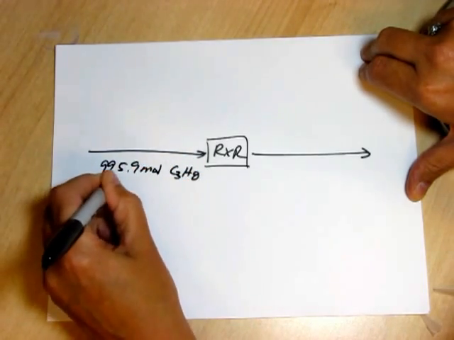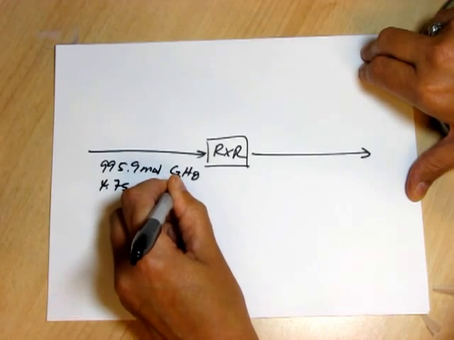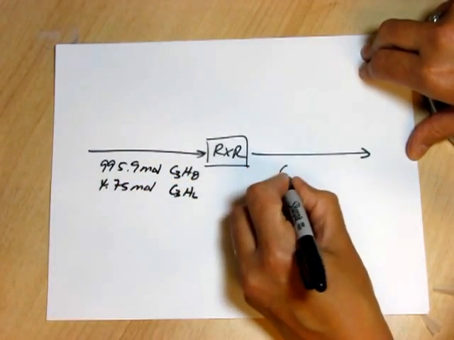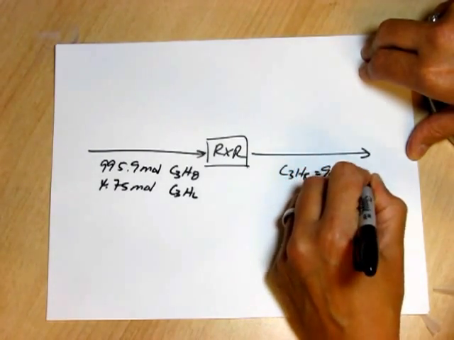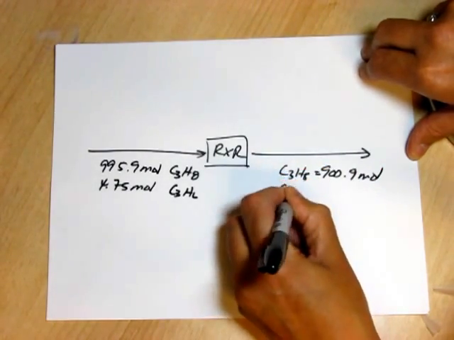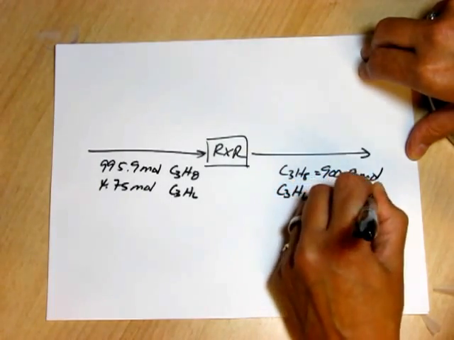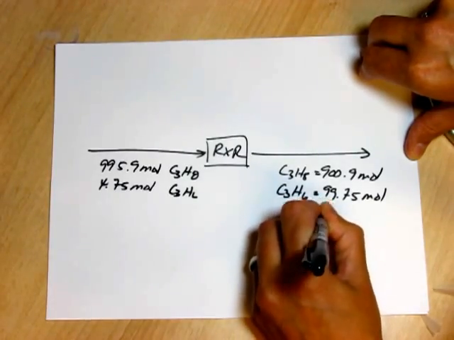And we have 4.75 mole of propene. Coming out, we have C3H8 900.9, C3H6 99.75, and H2 equals 95.